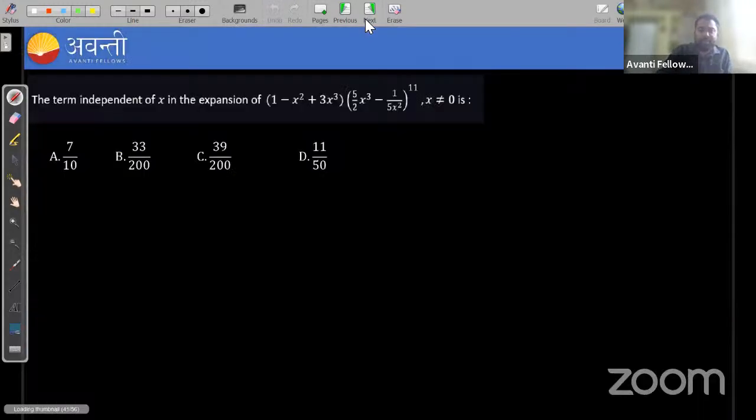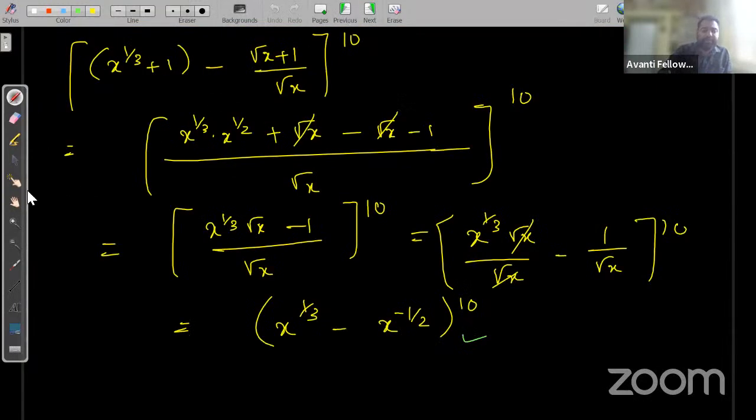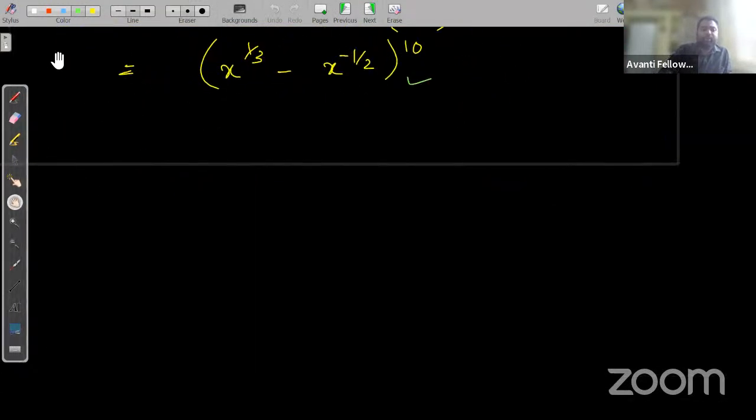So what we are having now is x to the power 1 by 3 minus x to the power minus 1 by 2 whole to the power 10. Okay. So we need to find the term independent of x.